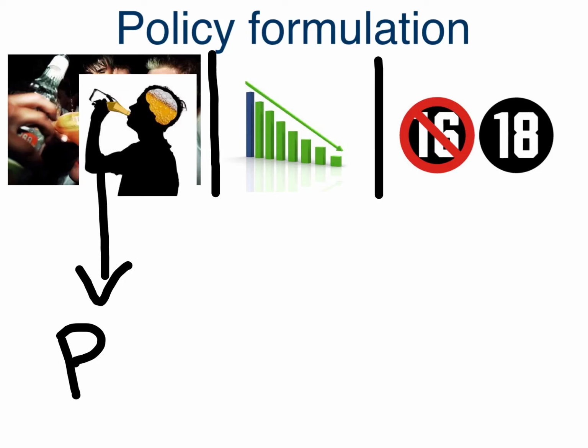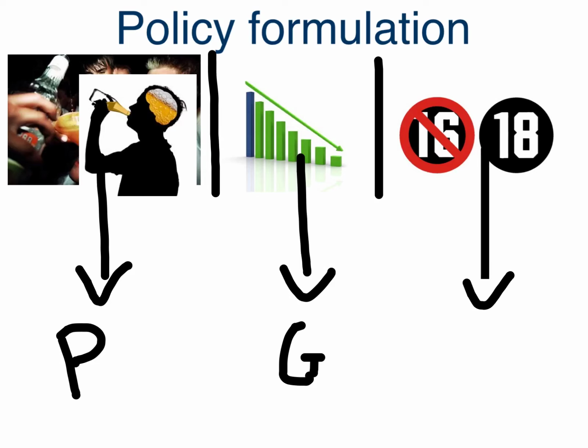Based on that problem, you need to think of the goals you want to achieve, what you want to change in society. So goals you want to achieve. And finally, but most importantly, policy formulation is about thinking of different measures needed to achieve the goals you've set. It's about measures that need to be taken in order to tackle the problem and bring the goal you've set closer.